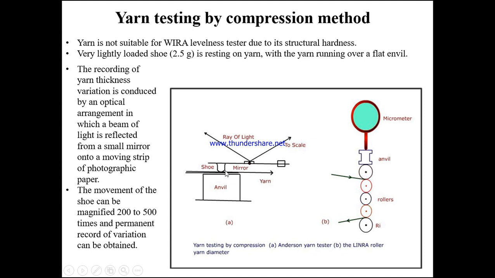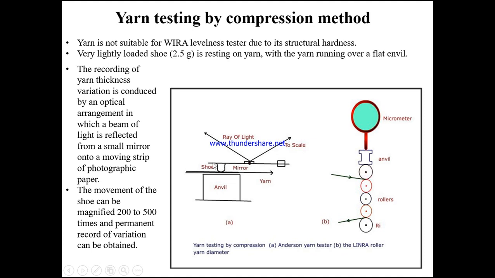Whenever there is a thickness variation in the yarn, the shoe has some deflection. On the same lever of the shoe, there is one mirror attached, and a beam of light is reflected through this mirror.